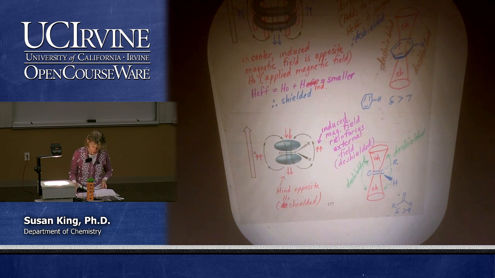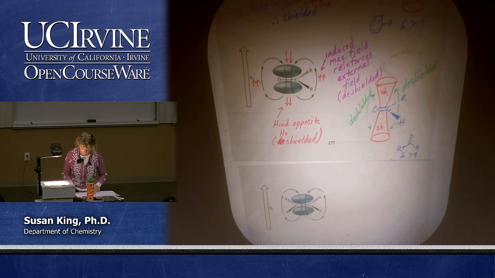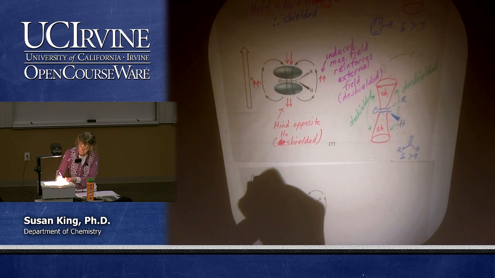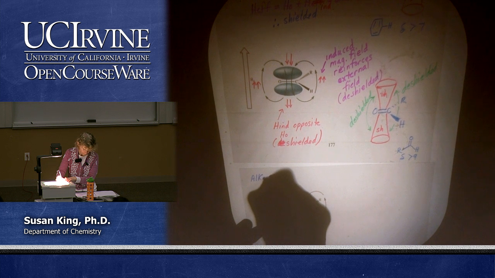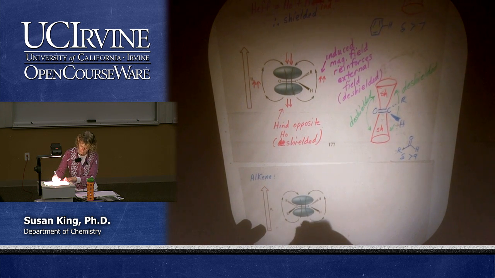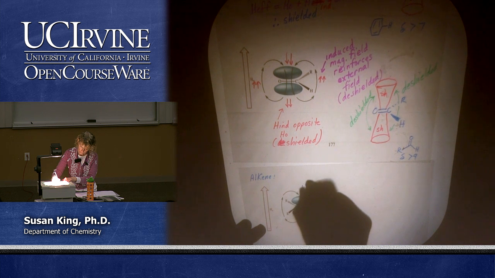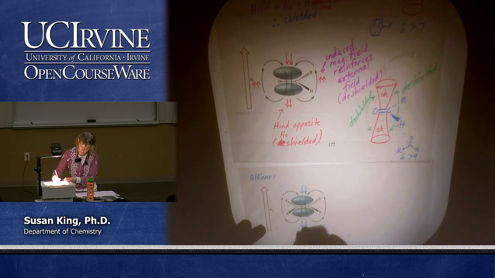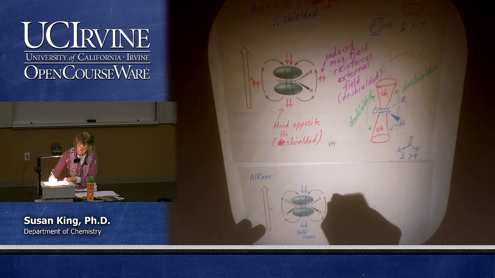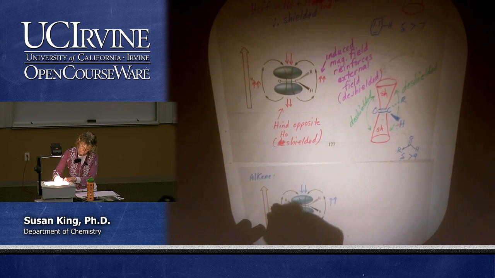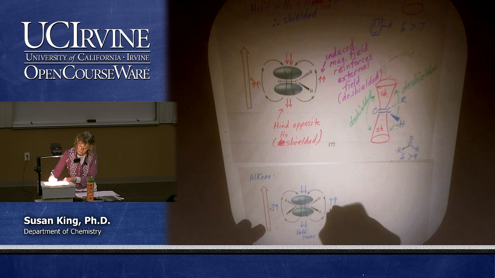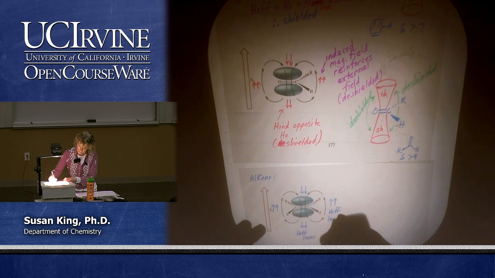All right, same thing goes for alkenes. Here H effective is lower. On the outside here, H effective is larger.